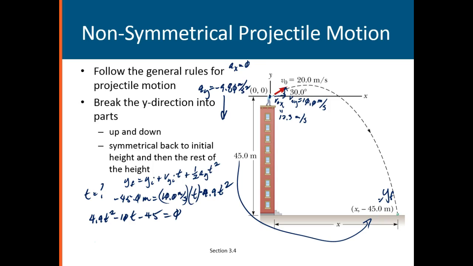So I need to find t from that. How do I do that? Quadratic formula, very good. And how does that go? Negative b plus or minus square root of b squared minus 4ac all over 2a.